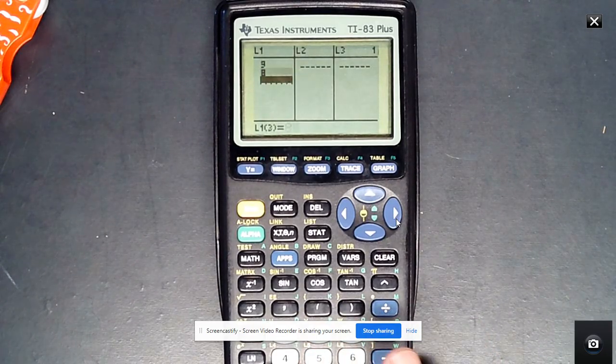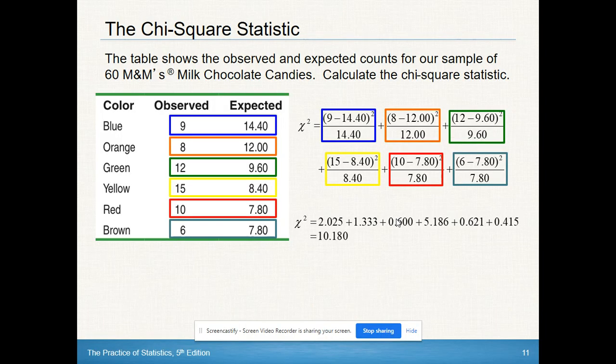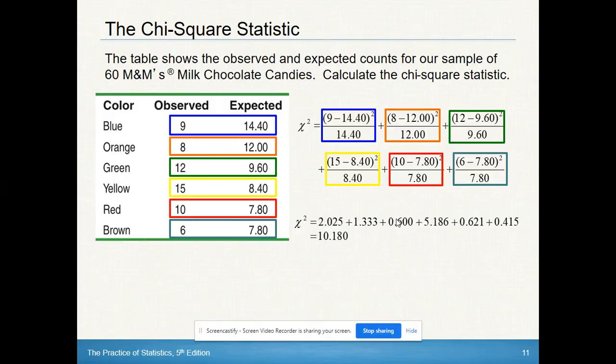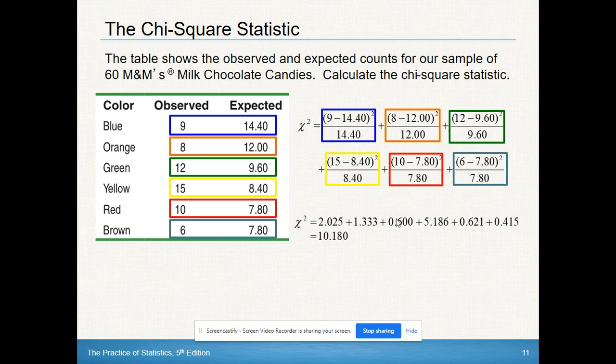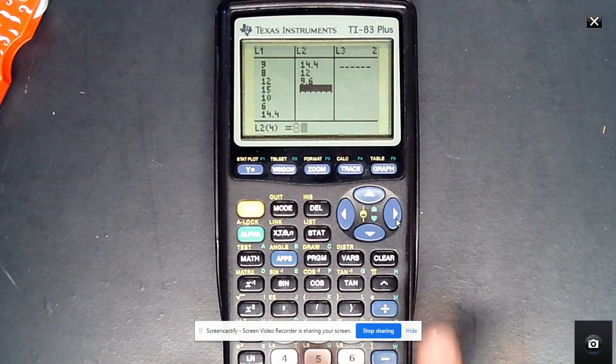There are all my values right there. And then for the expected, we have 14.4, 12, 9.6, 8.4.